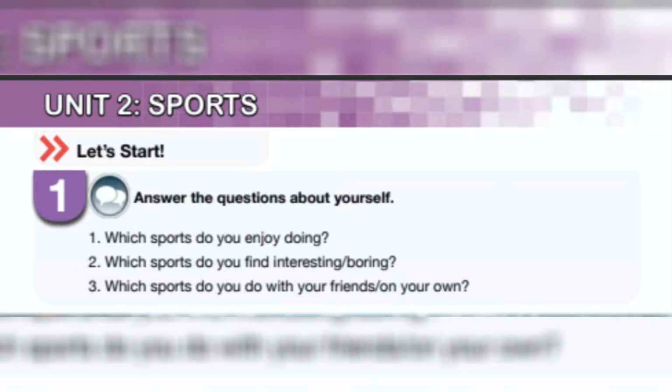The first activity is a kind of a warm-up activity. And the aim of this activity is to help students recall what they have learned before. Similar topics and similar functions have been covered before in the 4th grade, Unit 4, and 5th grade, Units 3 and 8.